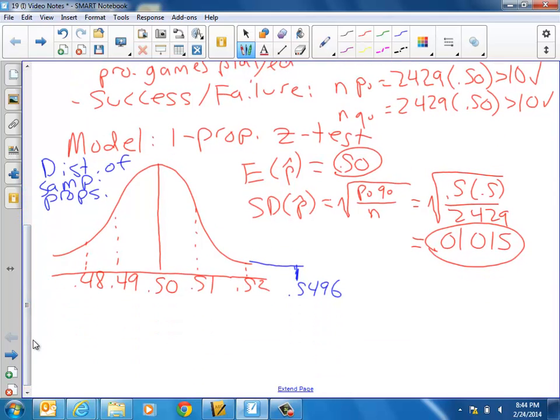So we want to look for the probability that a sample, if the null hypothesis were true and you only had a 50% win rate, even if you have the home field advantage, quote unquote, would give you an outcome for the 2003 year this crazy.